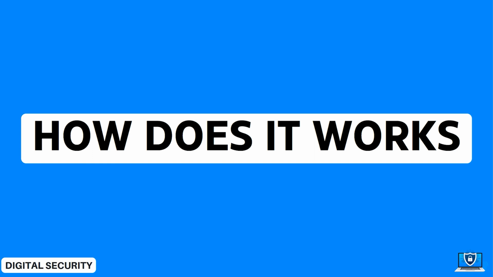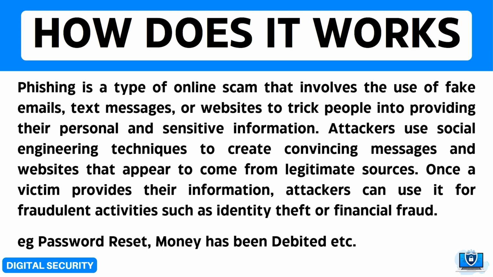So how does this work? Okay, this happens, but how does this work? Let me explain. Phishing is an online type of scam, and the majority of phishing happens through text messages, emails, and websites.